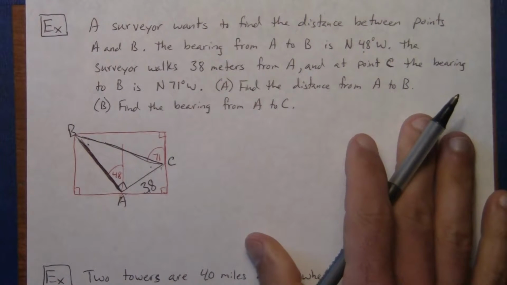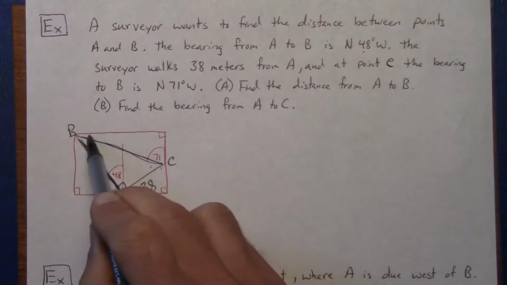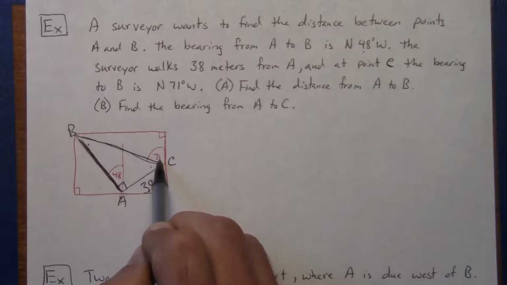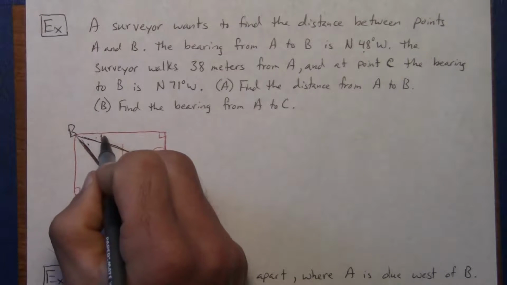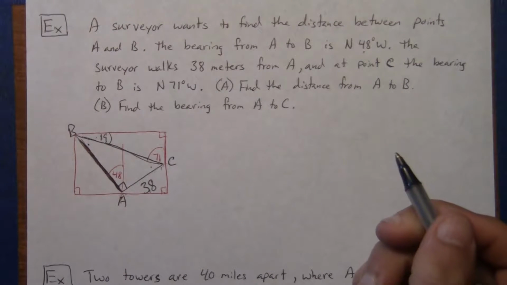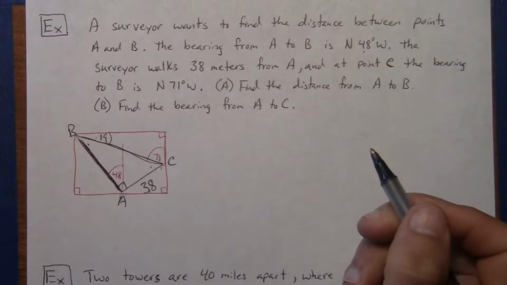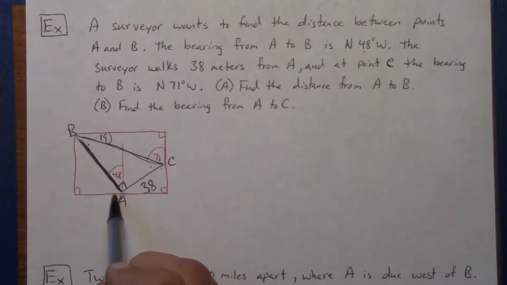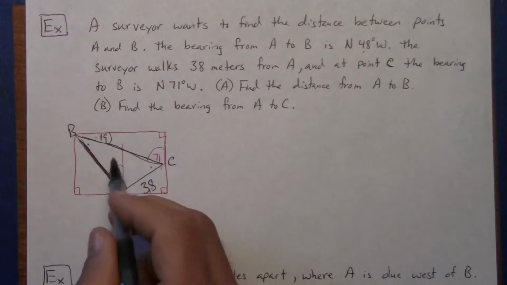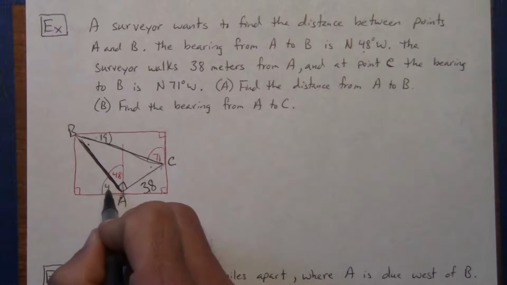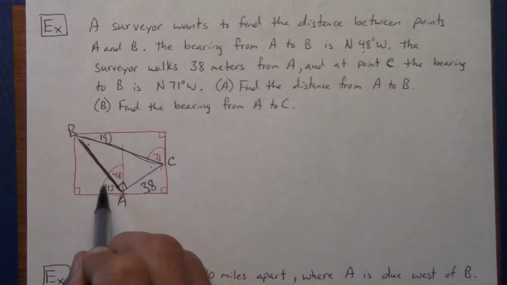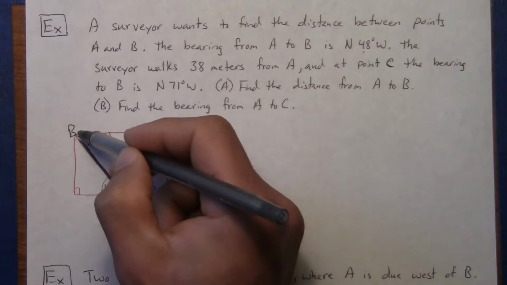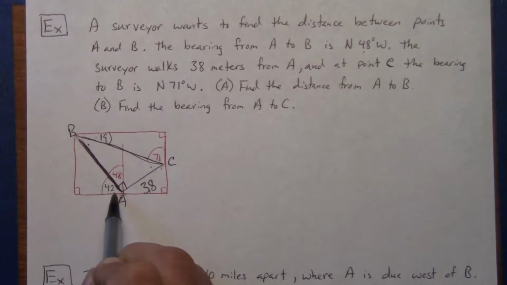So I'm just going to play around with this thing until I run into some information that's actually useful. For example, if you look at this right triangle, that's 71 degrees. Well, that means these two added together have to equal 90, so this little angle here must be 19 degrees. If this is a right angle and this is 48, that means this must be 42. Which means if I now look at this right triangle, there's 90, there's 42.